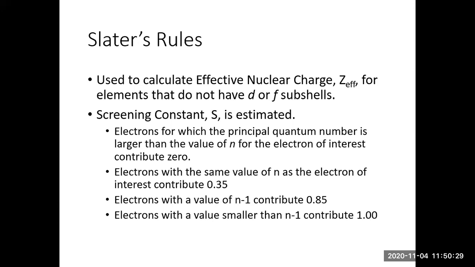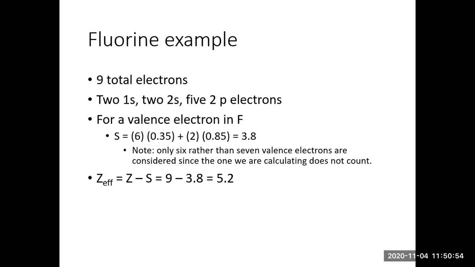So all that's saying is the closer the electron is to the nucleus, the more contribution it has, whereas before we were just saying all those core electrons were the same. So it's a little bit of a tweak to that original premise that we discussed. We'll do a couple examples here in a moment, and I think it'll be a little more clear after that.